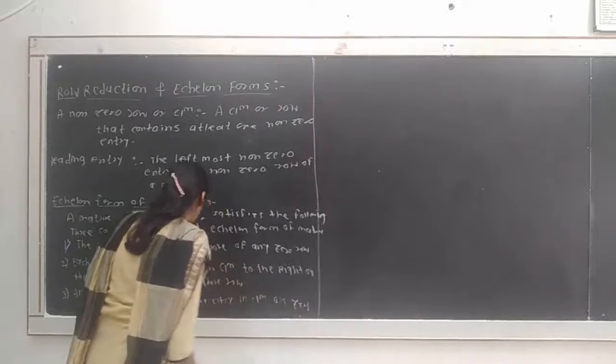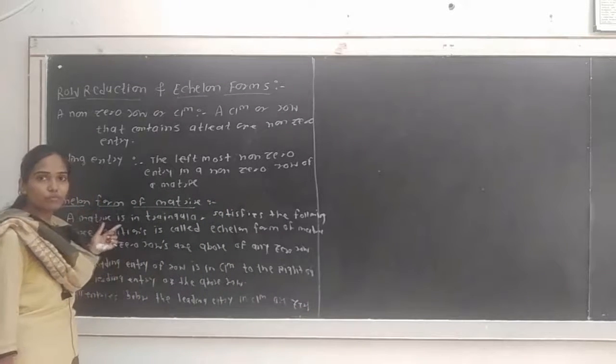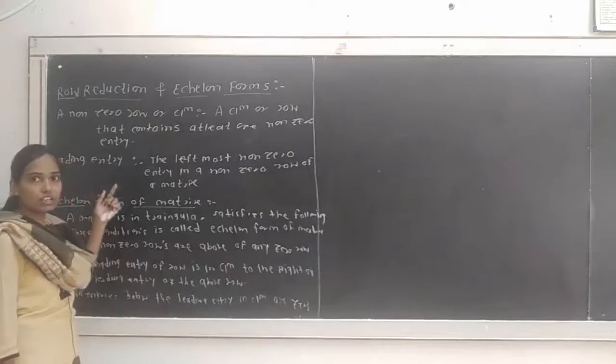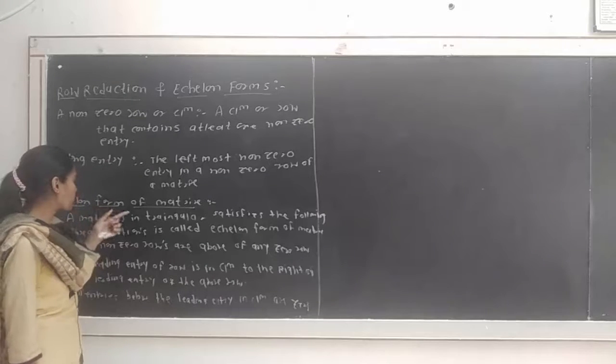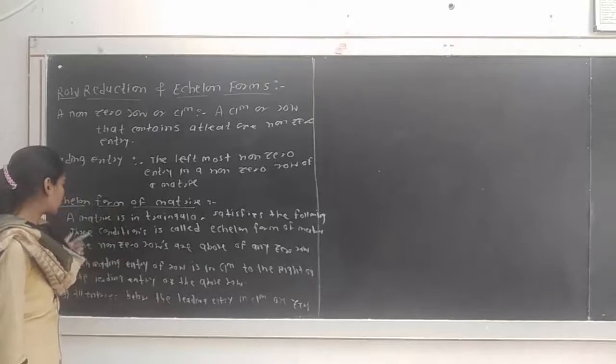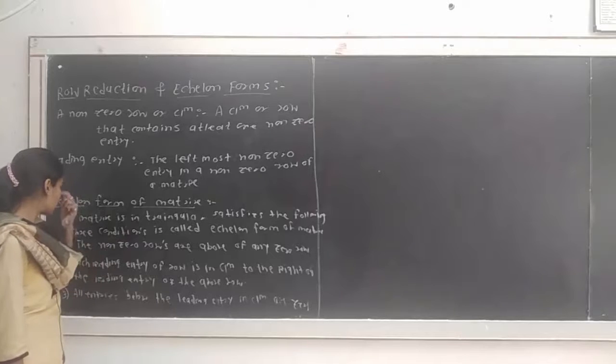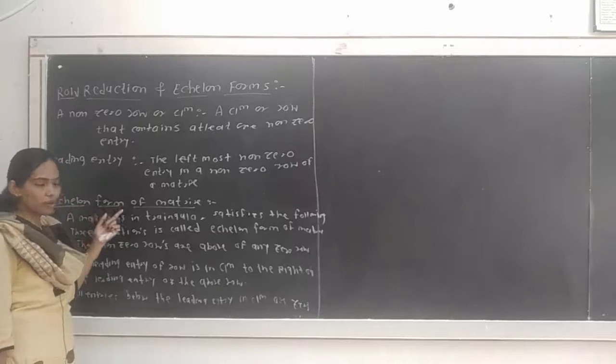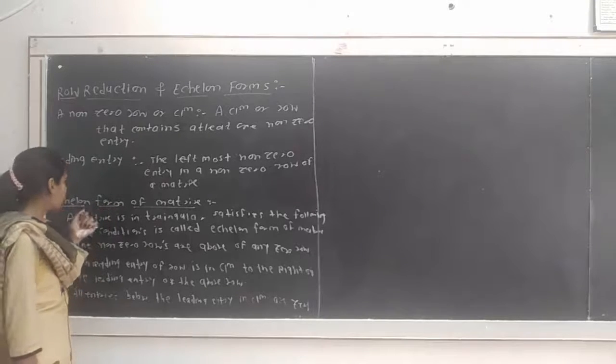So if, by using row reduction, we convert the given matrix to triangular form and it satisfies all these three conditions, then we say that it is in row echelon form, or simply the echelon form.